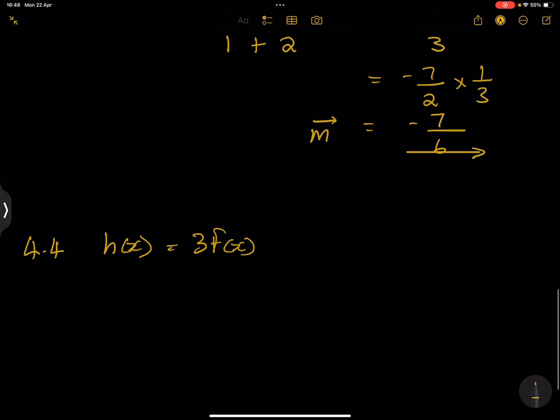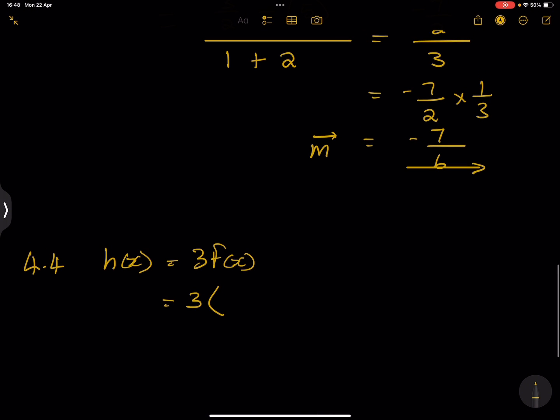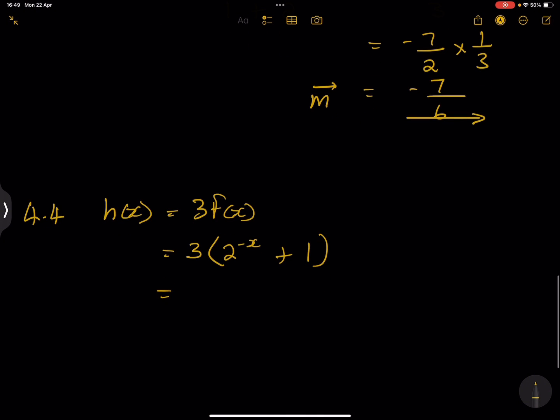What is our f of x? That's 2 to the minus x plus 1. With the scaling factor, that's 3 times 2 to the minus x, plus 3. So that's our h of x.